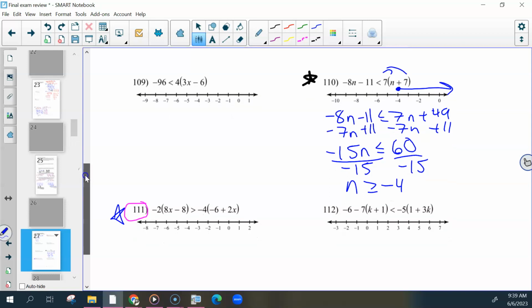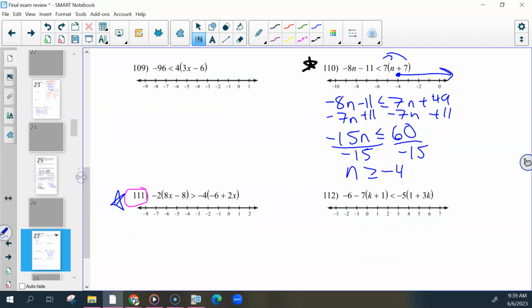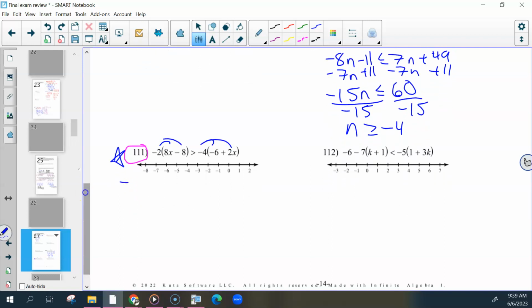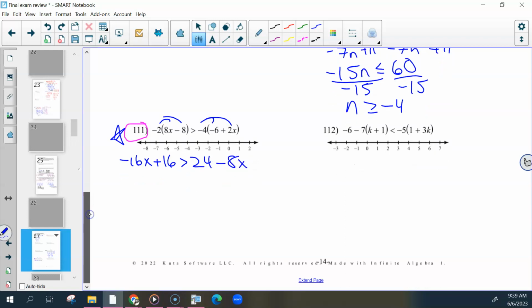And then 111 is similar, except now we have to distribute twice. We have -16x plus 16 is greater than positive 24, minus 8x. Move one of the variables to one side and the constant to the other. So let's say in this case I move 16x and get rid of 24.